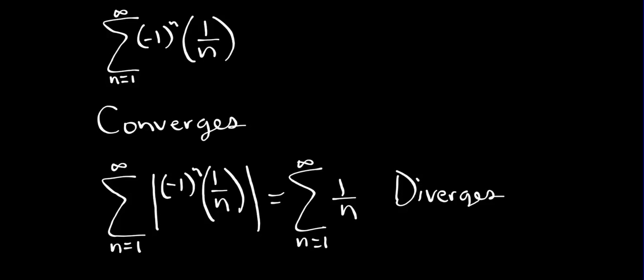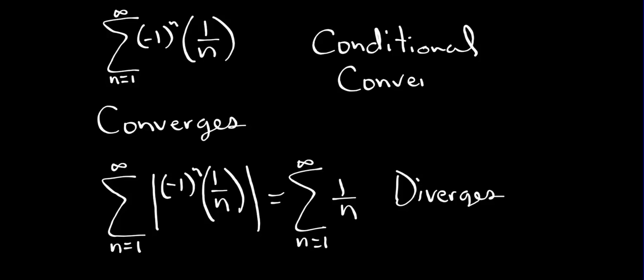You could use the integral test and show it, but if you just remember, that's a harmonic series, it diverges. So this thing converges, but if we take away the negative parts, the alternating parts, it doesn't converge. So this thing has conditional convergence. Okay, this thing converges conditionally.